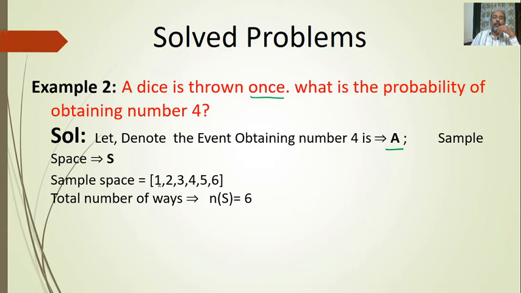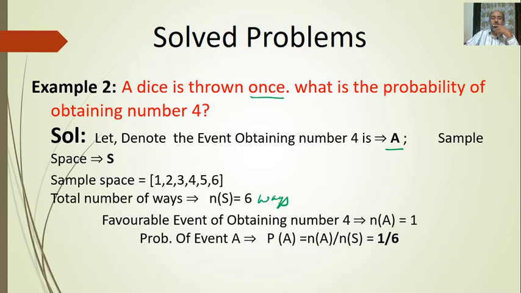In case of a dice thrown, you may get 1, or 2, or 3, or 4, or 5, or 6. The total n of S is equal to 6 ways.